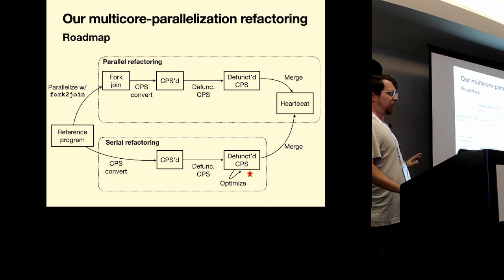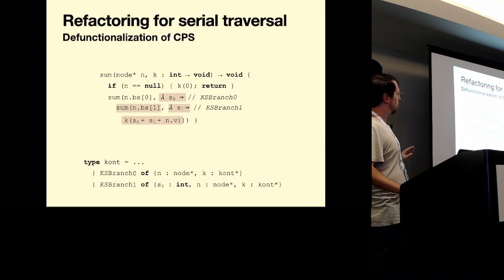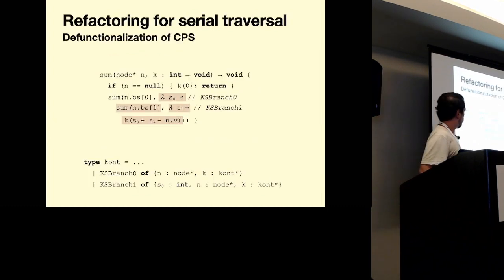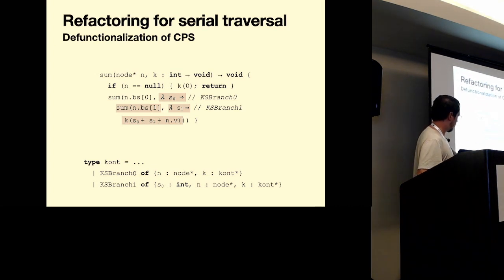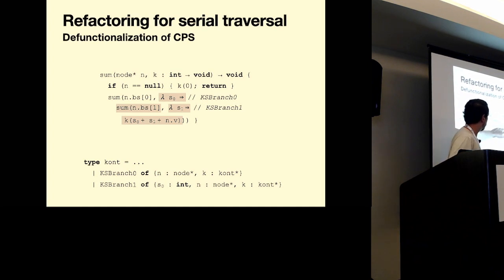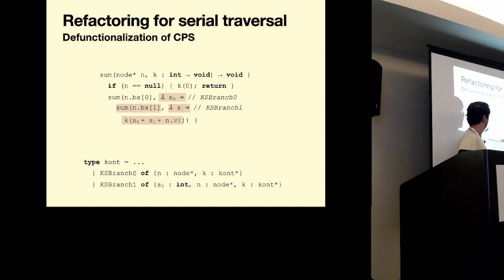Now we're going to defunctionalize the continuations. So like before, for each continuation that we introduce, we add a case for our continuation data type. One we'll call KS branch 0, for serial, and KS branch 1.